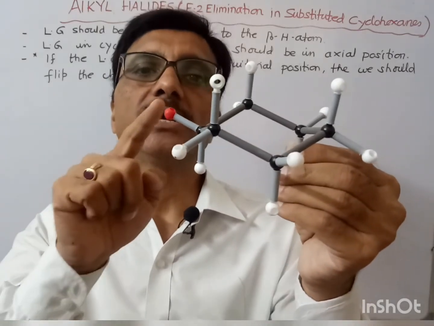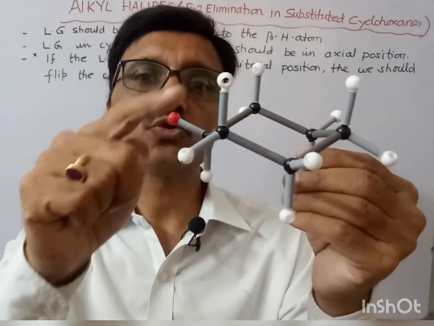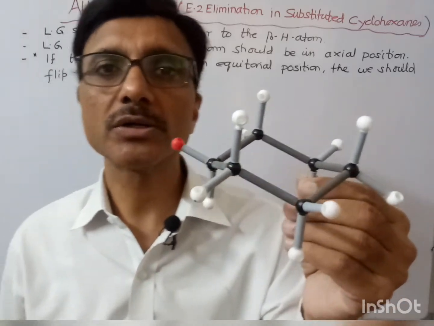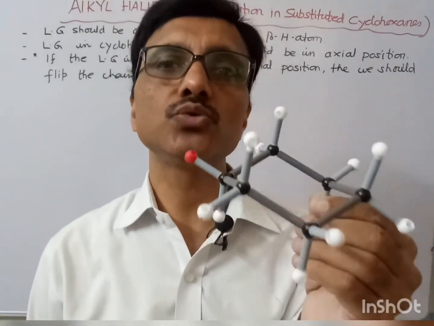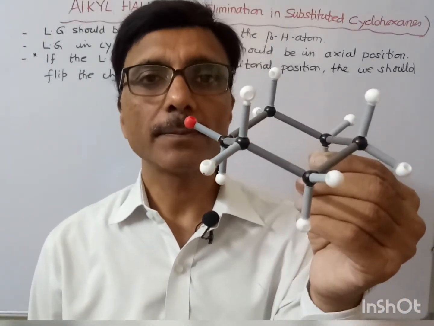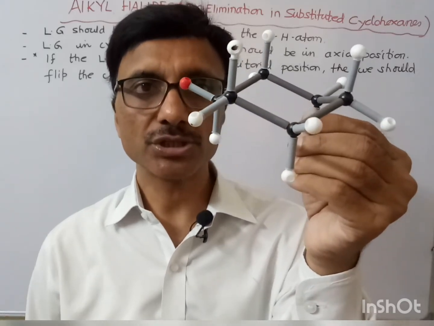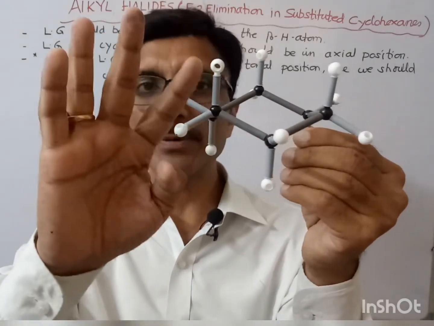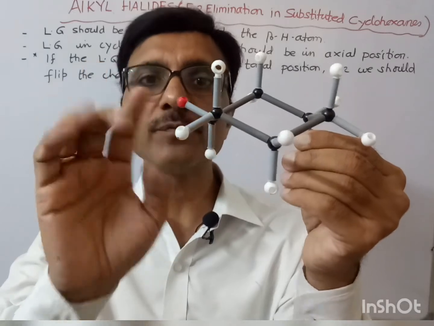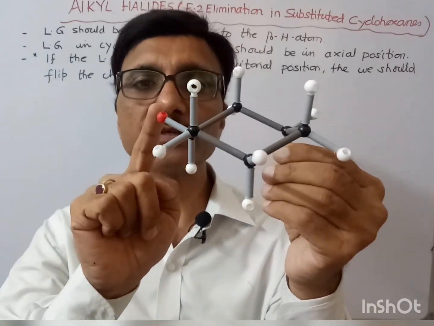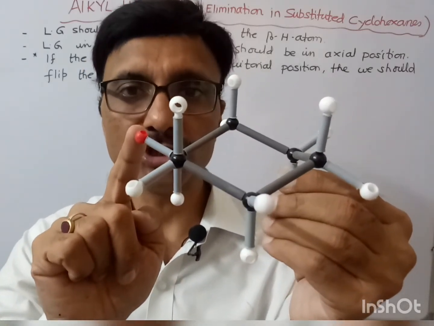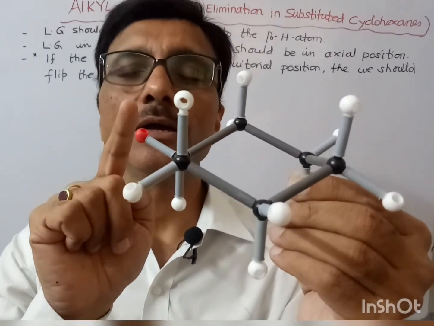We can say this bromine atom and these two beta hydrogens are not exactly opposite to each other, not at 180 degree to each other. So this cannot be removed. The beta H cannot be removed because the bromine atom is present at the equatorial position.